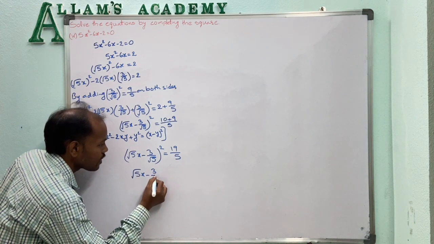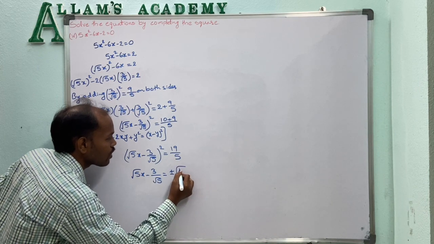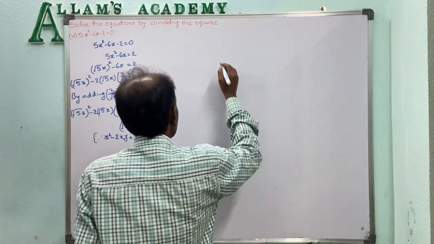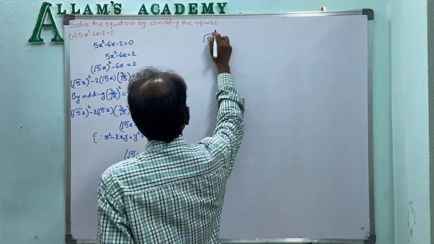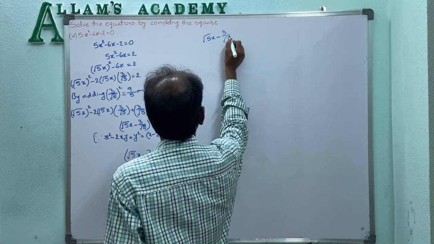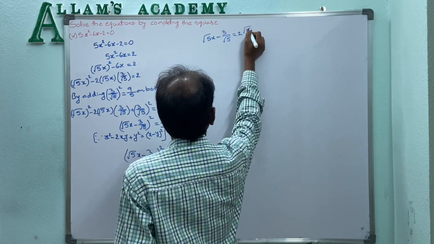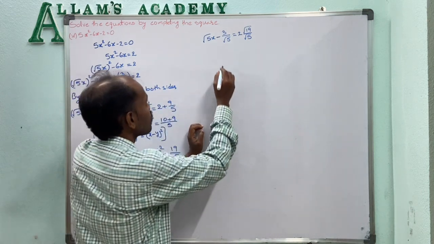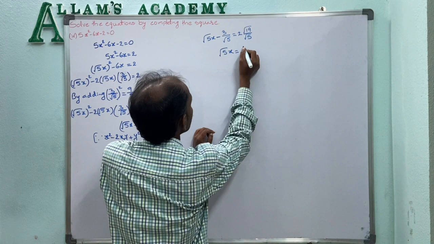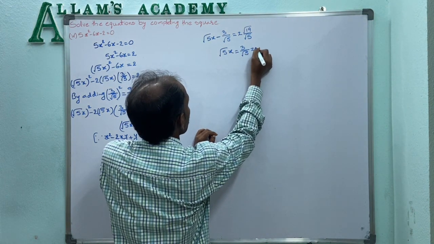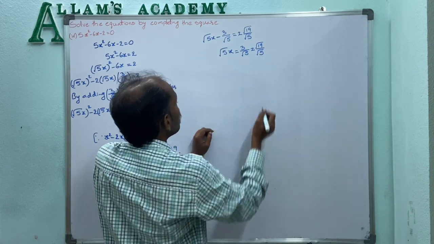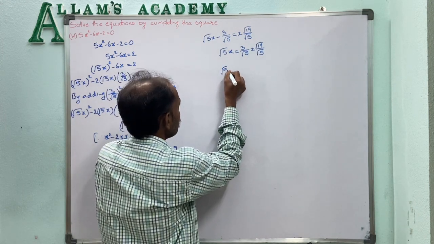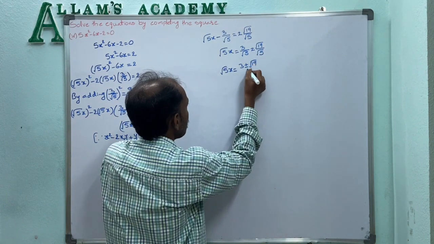So √5x - 3/√5 = ± √(19/5). Root of x by y means root x by root y, that means √19/√5. So √5x - 3/√5 = ± √19/√5. Now the -3/√5 is transferred to that side, so it is +3/√5. So √5x = 3/√5 ± √19/√5. Here both fractions have the same denominator √5, so directly add or subtract the numerators. So √5x = (3 ± √19)/√5.